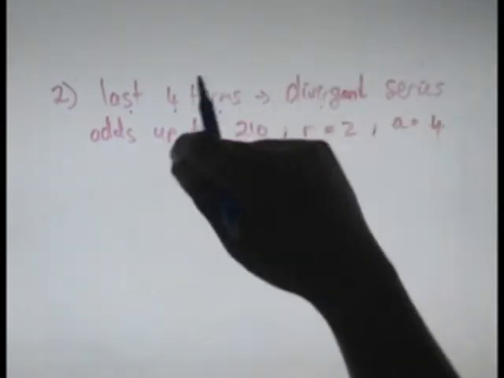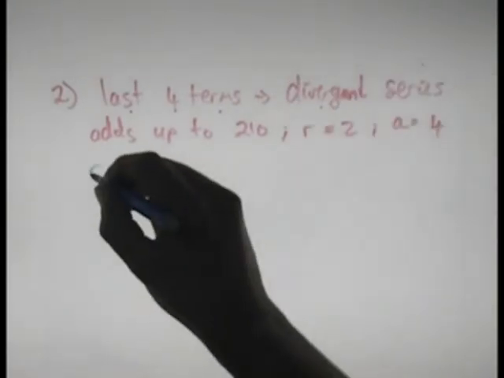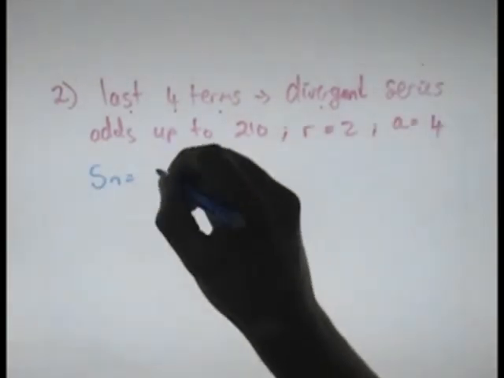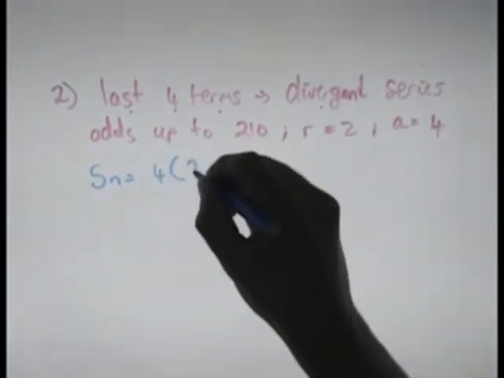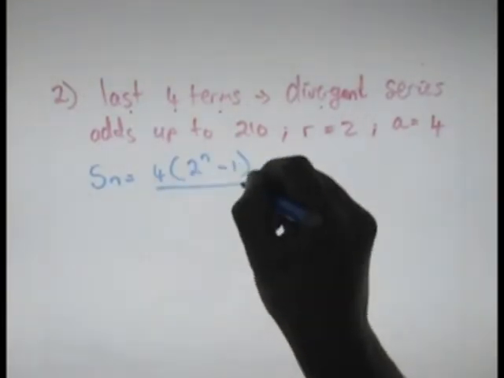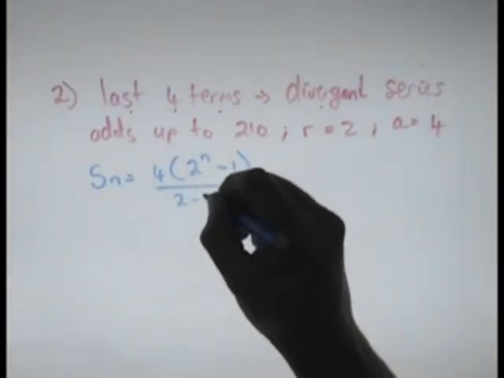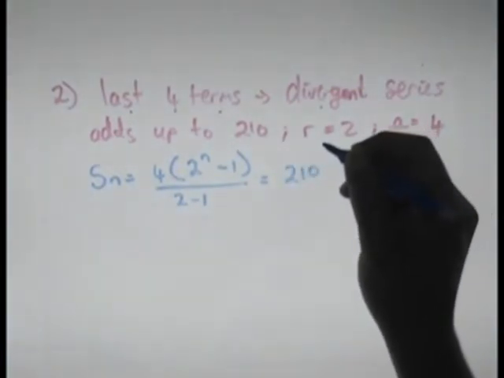Let us start by working out how many terms add up to 210. Sn is equal to a, which is 4, times r to the power n minus 1 over r minus 1, and that has to equal 210.